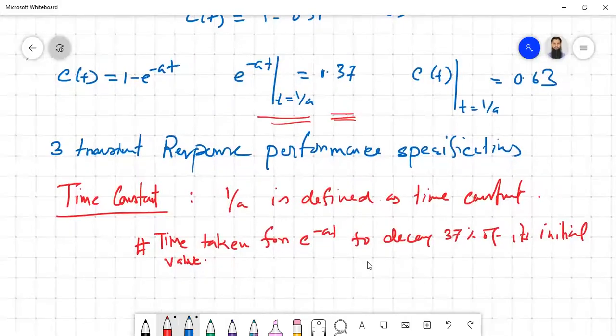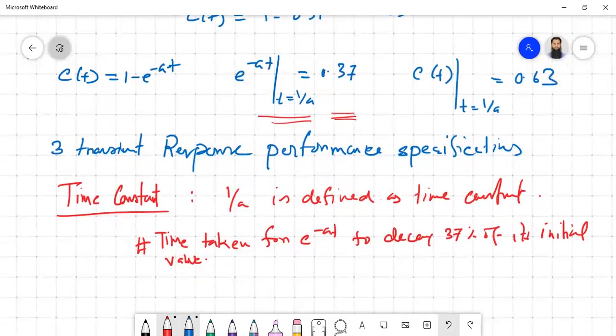And the second definition is based on this third equation. The overall response is reaching up to 63% of its final value.